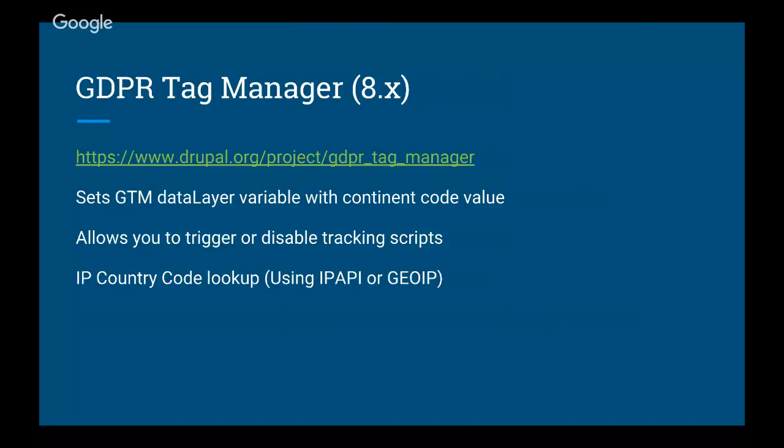Then we are coming to another module, which is not the sandbox module. This GDPR Tag Manager works with the Google Tag Manager data layer, and it looks up the IP country codes and gets the anonymous user's country code without breaking cache.